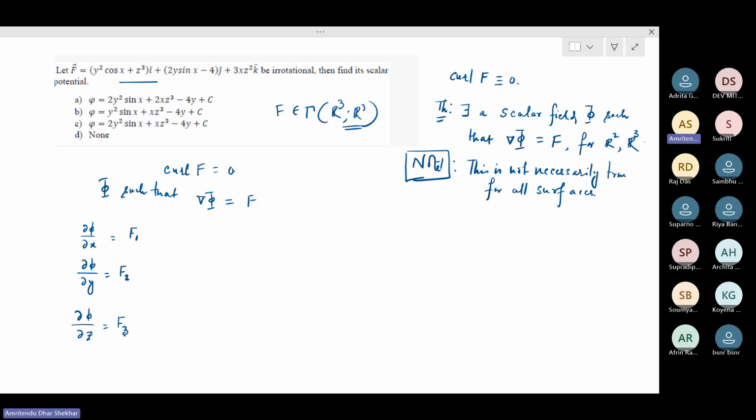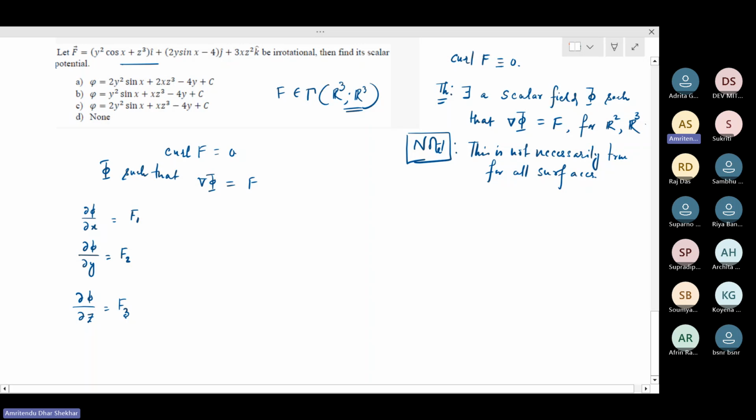Now, of course, you are not given appropriate boundary conditions. So you have a system of first order linear partial differential equations which you can solve.